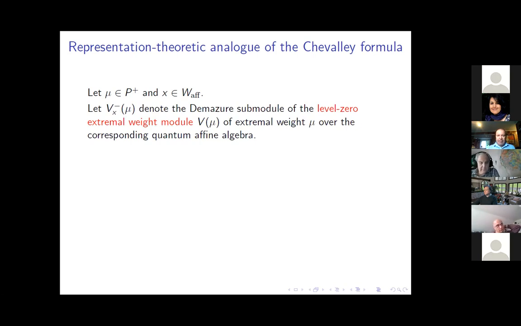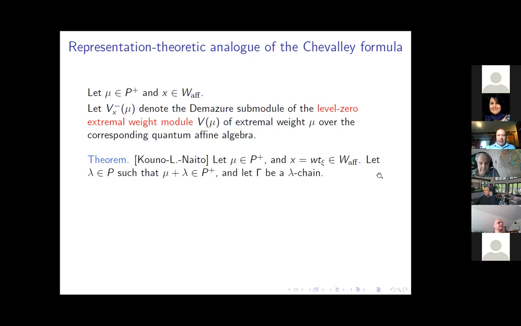So these modules have some graded characters, and so now let me state the analog of the Chevalley formula for these graded characters. So you take a dominant weight mu, an element X of the affine Weyl group. You take an arbitrary weight lambda such that mu plus lambda is also dominant.